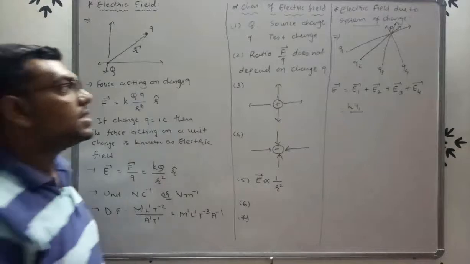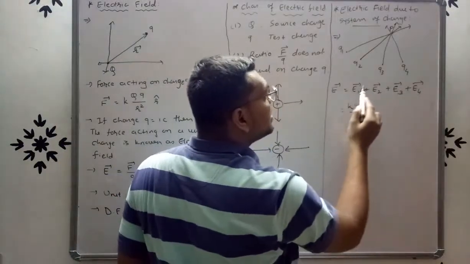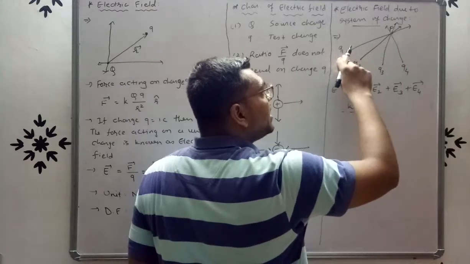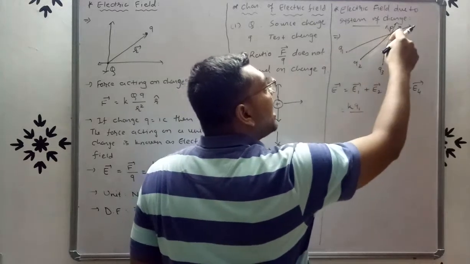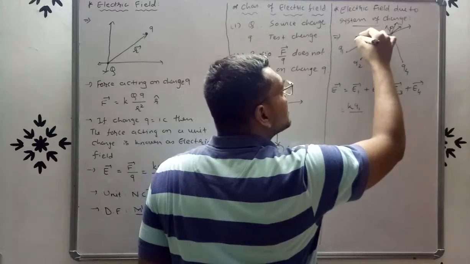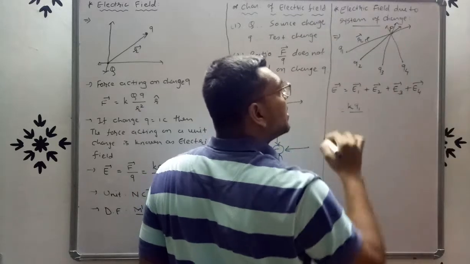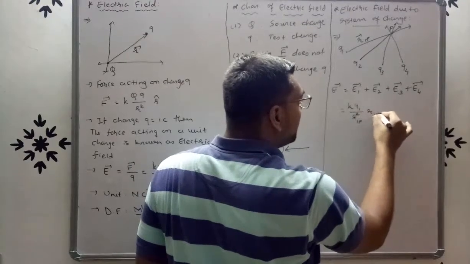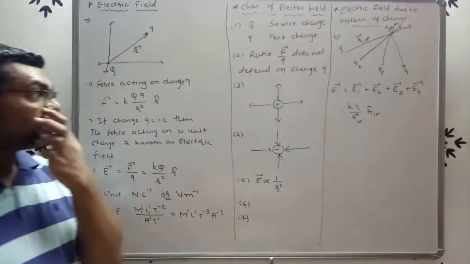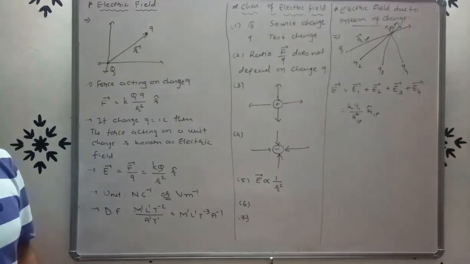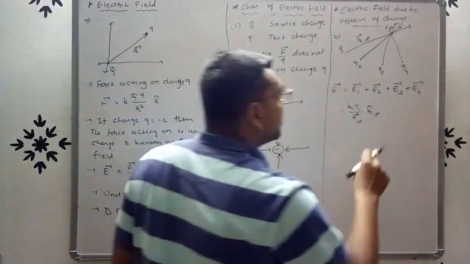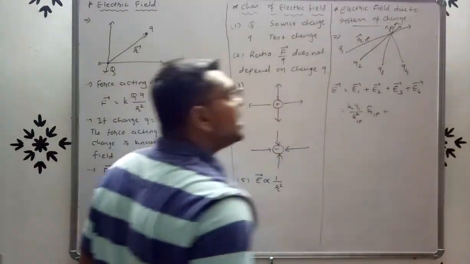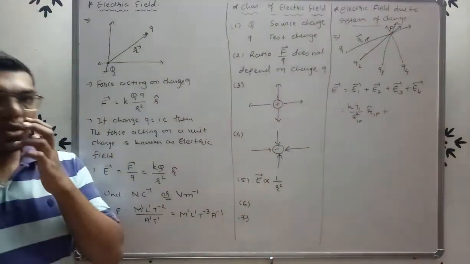So what is the distance? Here E1 is the electric field due to charge Q1. So the distance between charge Q1 and P is R1P, right? So R1P square and R1P cap, right? Okay. Now plus E2, the electric field due to charge Q2, right?